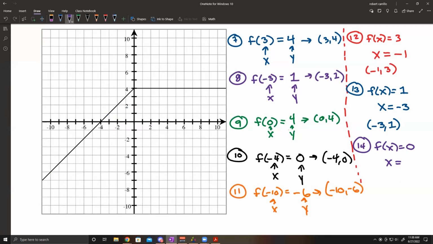So what we see is that when y is 0, which is right here on the x-axis, x is -4. So this makes the point -4, 0. There we go. Okay, cool.